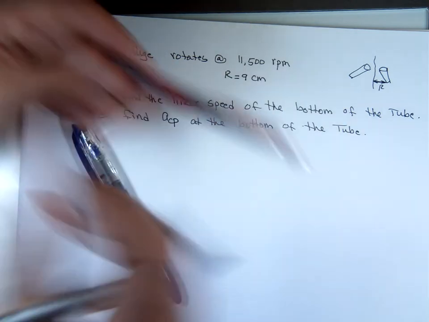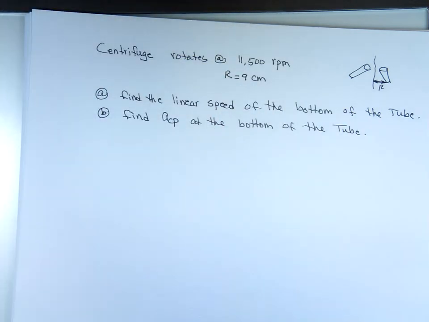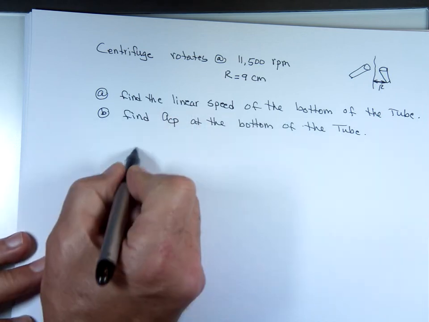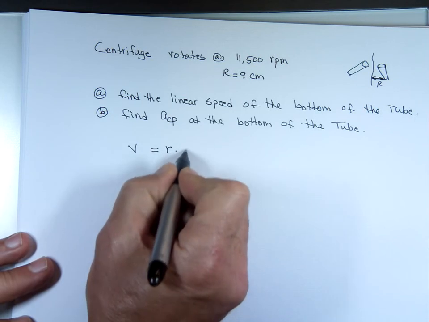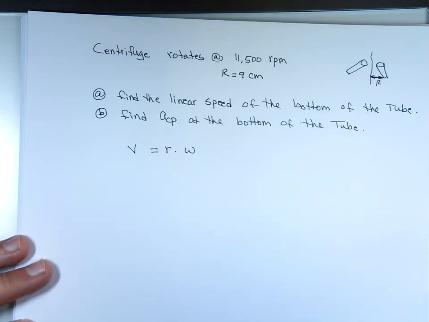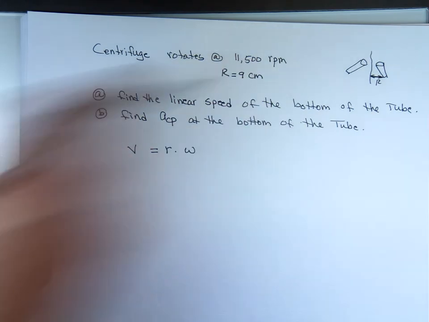So first thing first, if I want to calculate the linear speed, that's v, R times W. I got a problem. W is not in the right format for me. So I better go and find W. Let's go to the side.